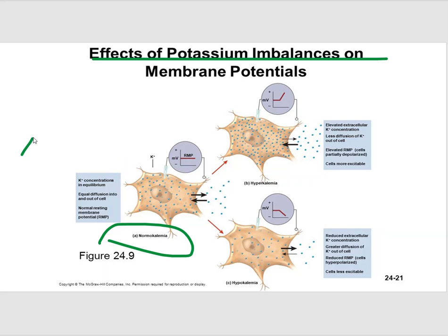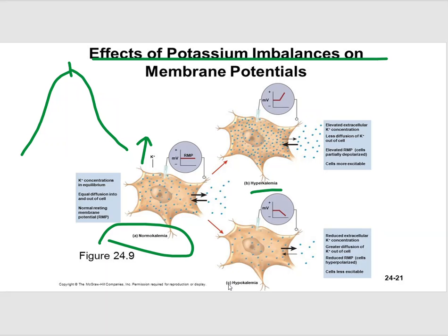We remember that in depolarization, I let sodium in, and then the sodium gates are going to close around the peak. The potassium gates are going to open, and I'm going to let potassium exit the cell. And by doing that, leaving those positive charges, I'm bringing it back down to the resting membrane potential.